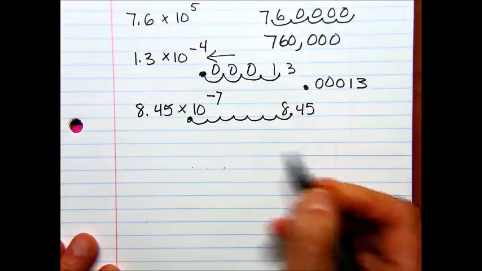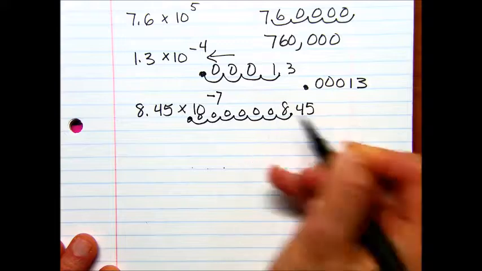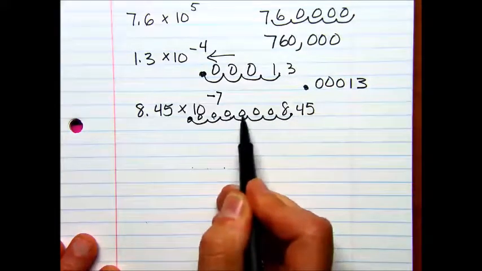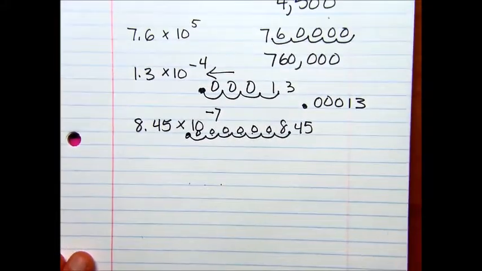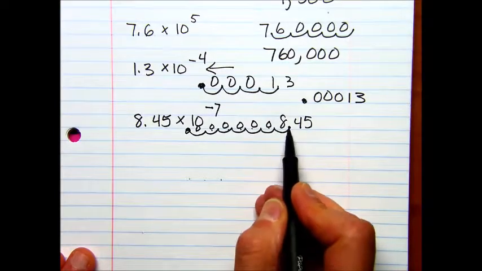Put my decimal there. And notice how many zeros I've got here: 1, 2, 3, 4, 5, 6 zeros. I'm not going to count this number 8 here as a zero because my decimal was after the 8.